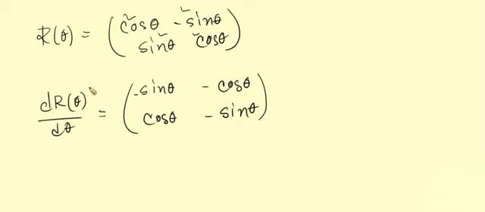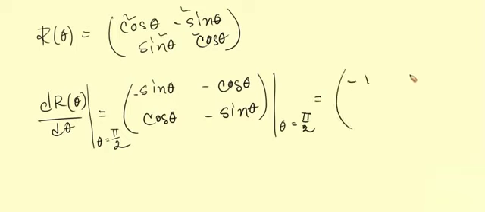And if you want to evaluate the derivative at some specific point, let's say now I want theta equals to pi by 2. After you take the derivative, similar to a function, you just put theta equals to pi by 2, and that will give us minus 1, 0, 0, minus 1. So this is how you can easily define and calculate the derivatives of some matrices.